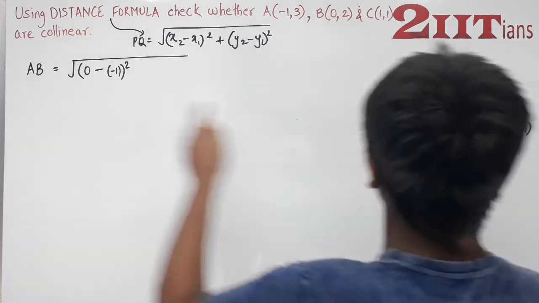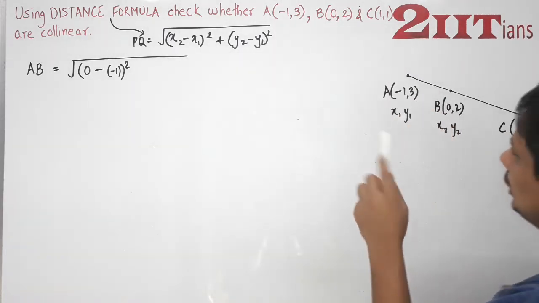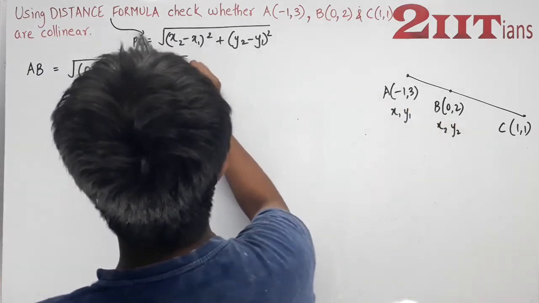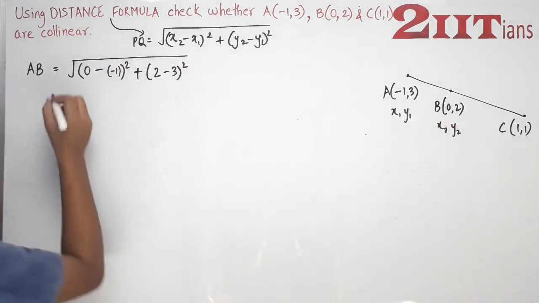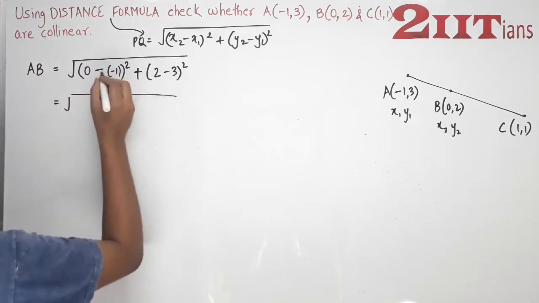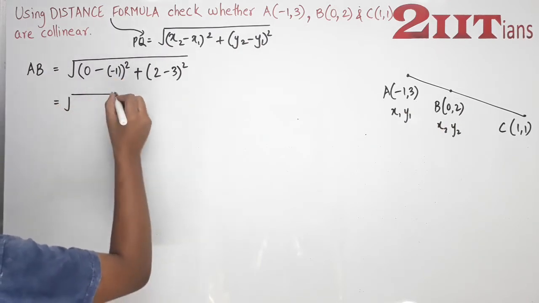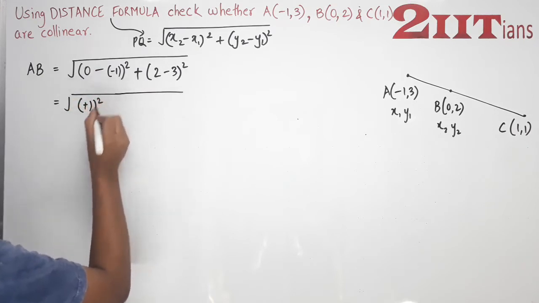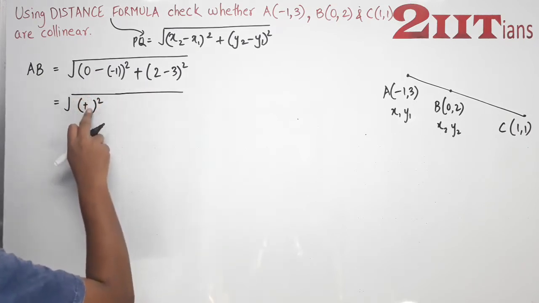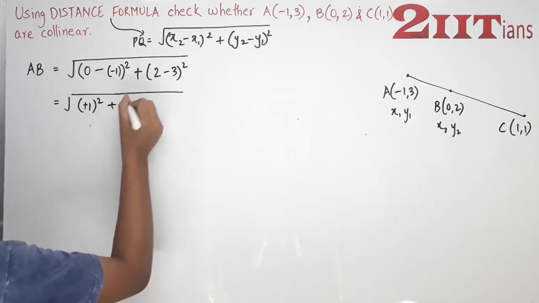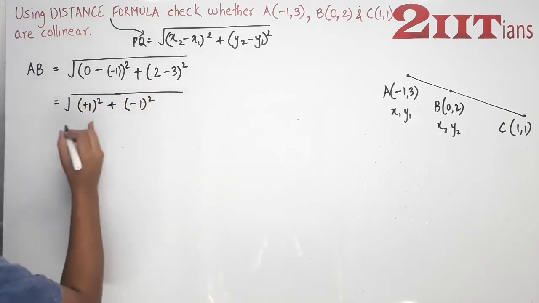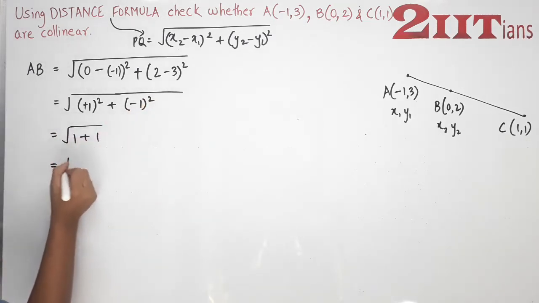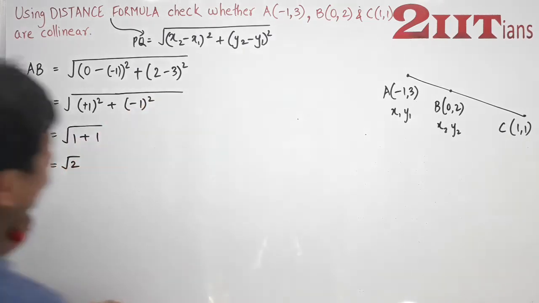So 0 minus (minus 1) whole square plus 2 minus 3 whole square. So AB comes out to be minus 1 with a minus sign becomes plus 1 square plus minus 1 square. So this is 1 and this also becomes 1. So AB is root 2.